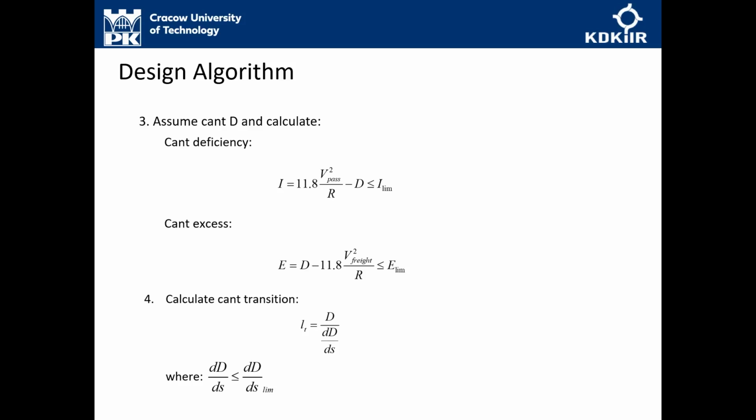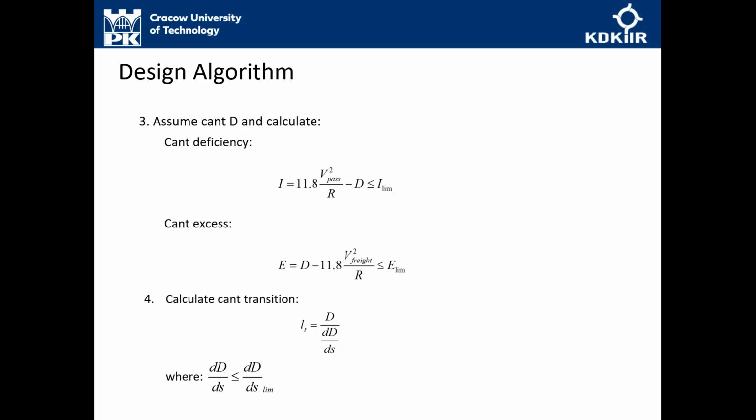Next, you take a certain value of D, let it be between 20 and 160 millimeters, and you calculate two basic parameters, the cant deficiency and cant excess for your defined cant and radius value.